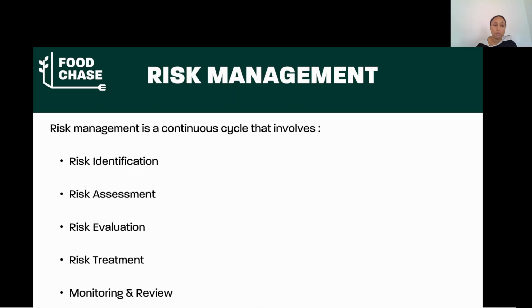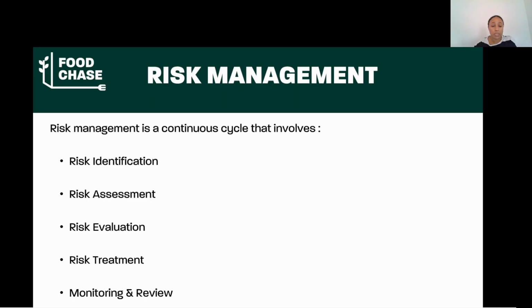So we are understanding now that risk management isn't a one-time exercise, it's a continuous cycle. The cycle has 5 stages. Risk identification, where we understand what could go wrong. There's risk assessment, where we try to understand how likely and how severe it is. And there's risk evaluation, where we ask ourselves, how does this compare to our risk tolerance.